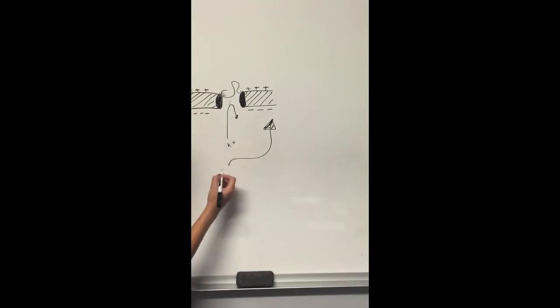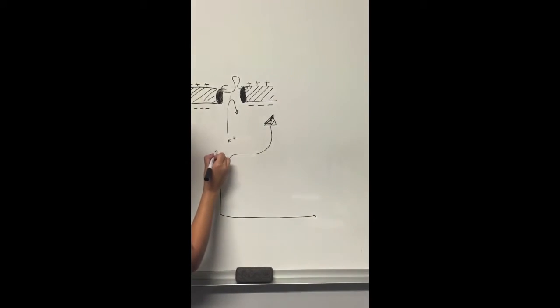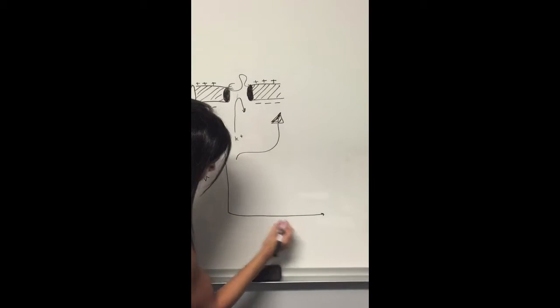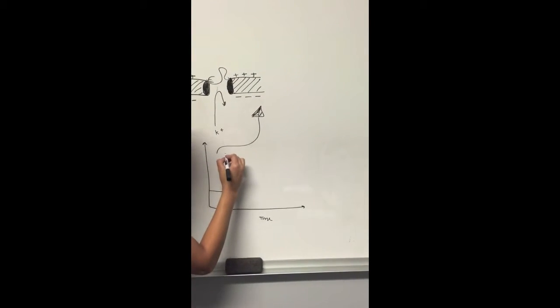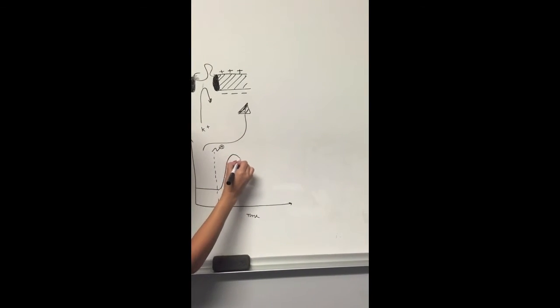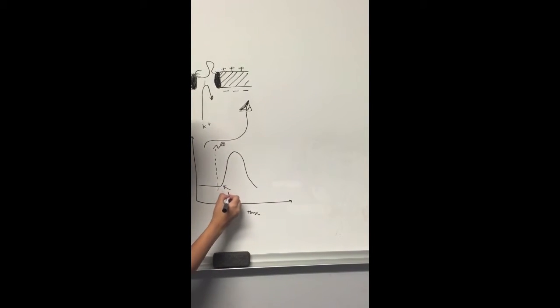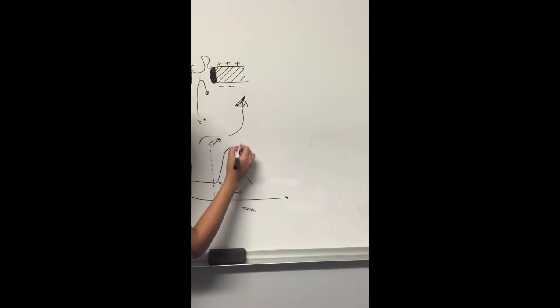Now let's look at voltage recording inside of the cell and look at voltage versus time. We start at the resting membrane potential. Then we apply a stimulus, and this opens the sodium voltage channel. The cell becomes more positive, and we can see that then potassium channels open and Na+ channels close.